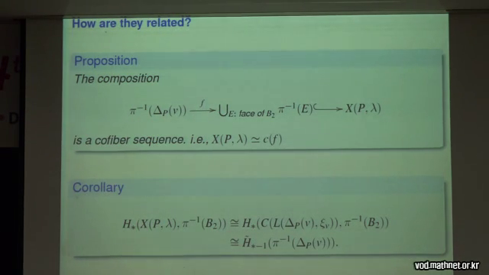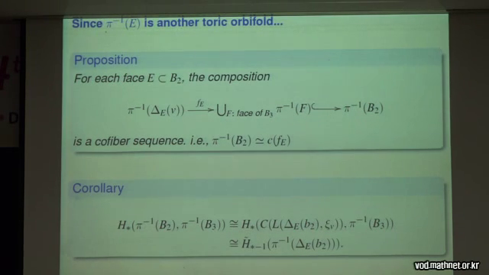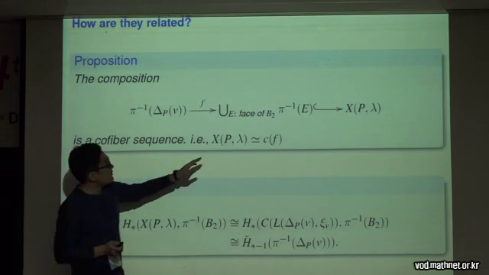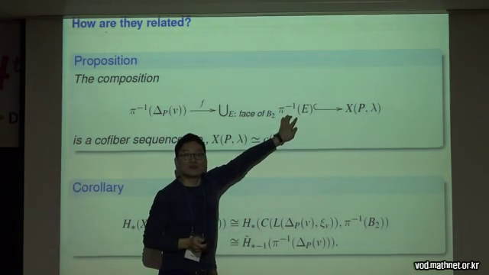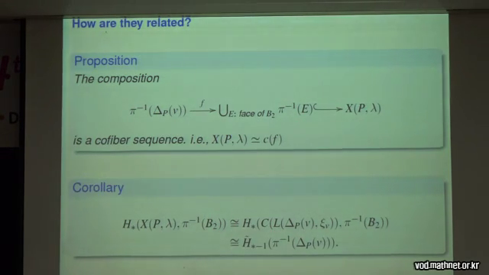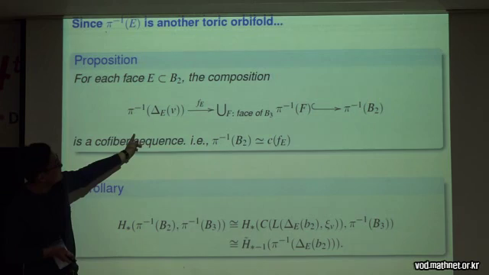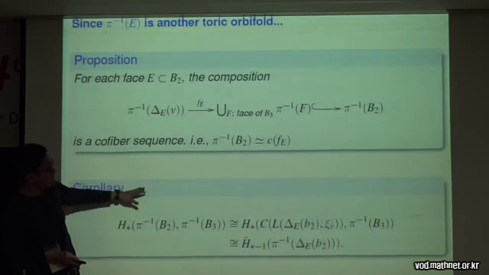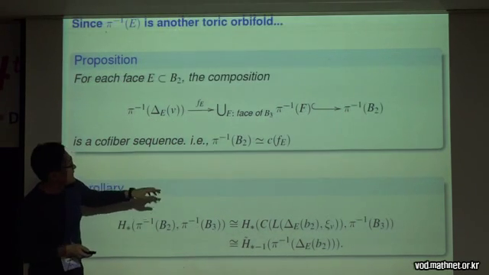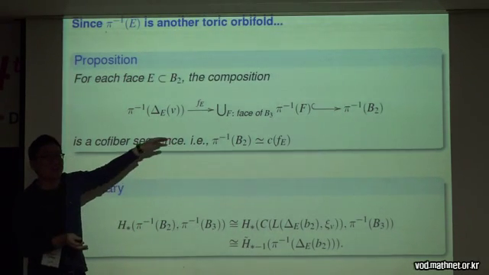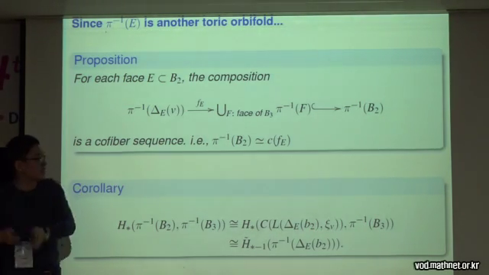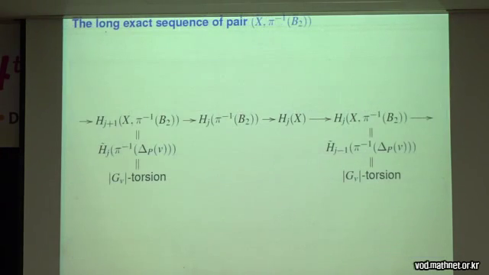Okay, so this is another toric orbifold, so you can do the same computation, the same cofiber sequence, continuously. These two slides look the same but are a little bit different. So P and lambda, and another cofiber sequence is obtained from the middle term of the retraction sequence. So you can do the same computation.